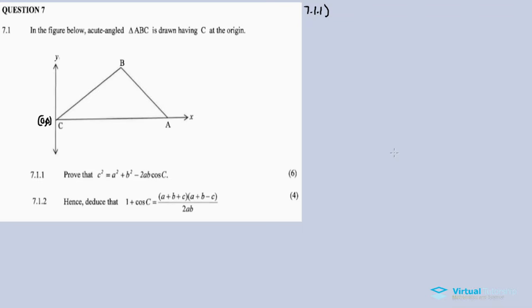We have to divide the triangle into two right angle triangles, right? If the triangle is like this, there's nothing much I can do. So I have to construct a line that will divide this triangle into two right angle triangles. Why do I want right angle triangles in triangle ABC?